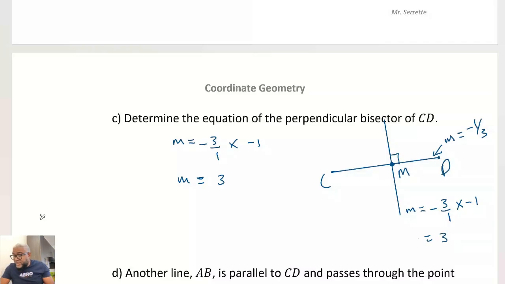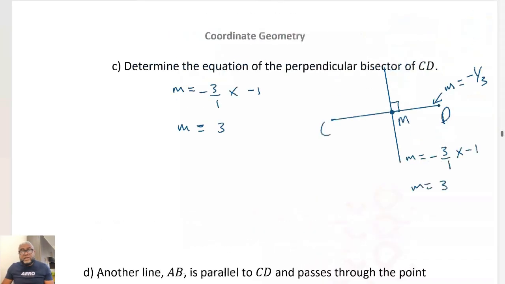We good there, Daryl? I see you had your hand up to answer, so that's good. Okay, so we have our gradient. What is a point on the perpendicular bisector? Give me the coordinates of a point on this line in the middle here.